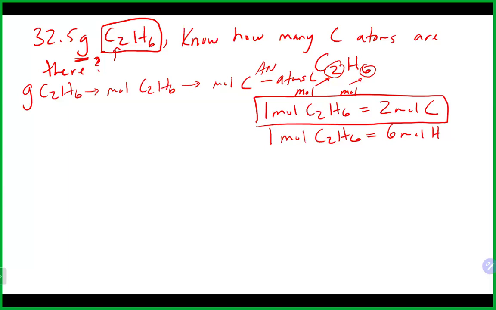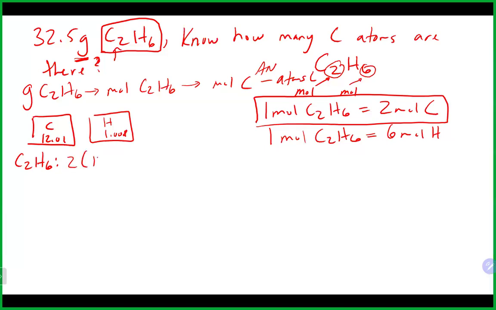So the first part of it is that I just need to convert my grams into moles. So again, that's going to be the molar mass from the periodic table. And once again, if you look at the periodic table, carbon is 12.01. You again have hydrogen as 1.008. So if we do the molar mass for our formula here, we would do 2 times the molar mass of carbon for both carbons that are present. We would add it to 4 times the molar mass of hydrogen for all 4 of them that are present.